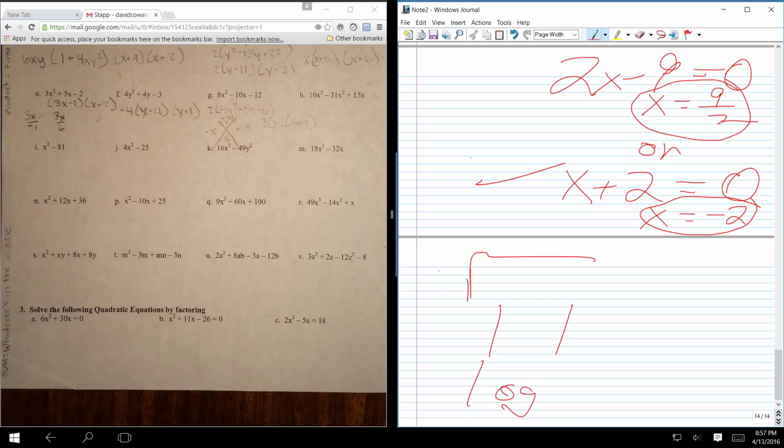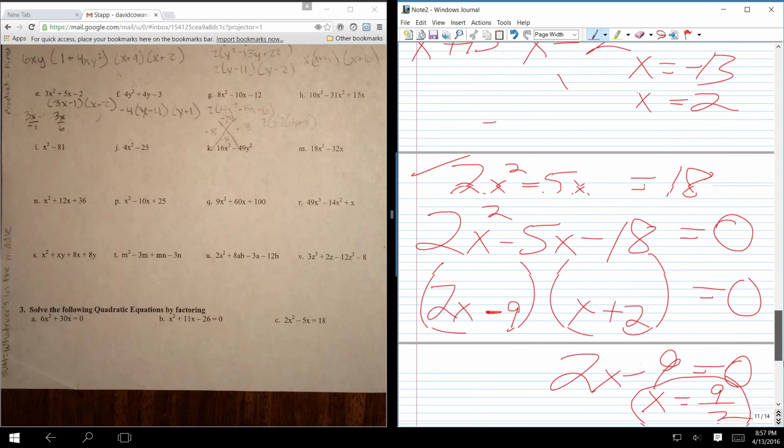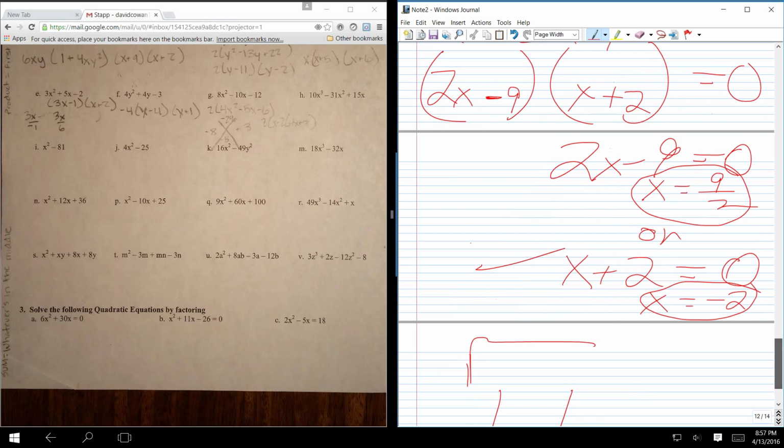But if you don't see one of these three things, if you just see a normal looking quadratic, then you probably don't need to worry about extraneous solutions. Because, like I said, the rule is that when you multiply two things together, one of them has to be 0. There's no rule that says both of them have to be. We always set each one of them equal to 0 and come up with a solution, but then technically we should try each of these solutions to make sure it works.